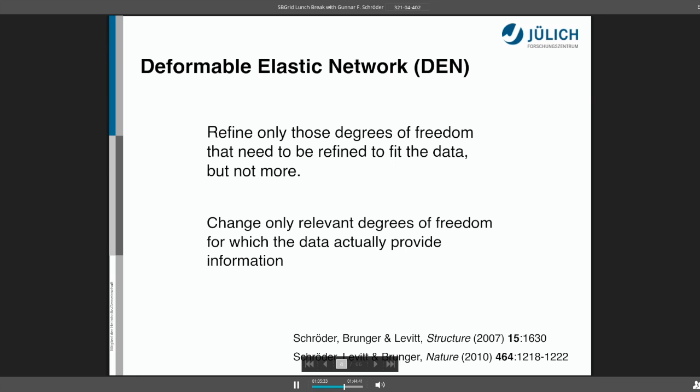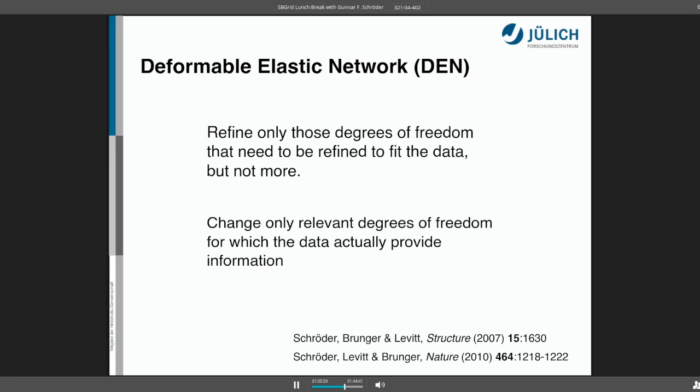So what we did is we developed this deformable elastic network model, and the motivation was that we wanted to refine only those degrees of freedom that need to be refined to fit the data, but not more. In other words, we want to change only the relevant degrees of freedom for which the data actually provide information.